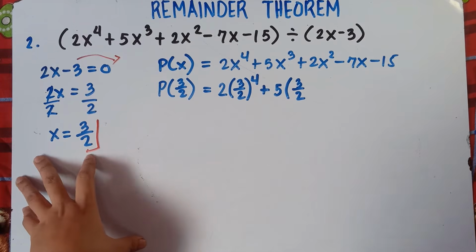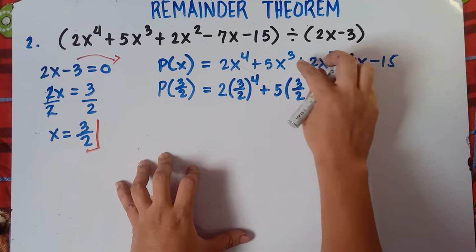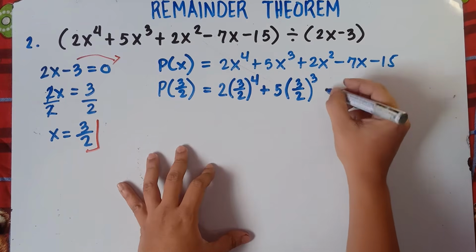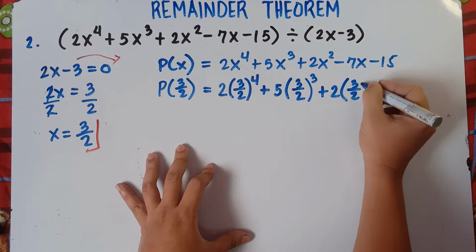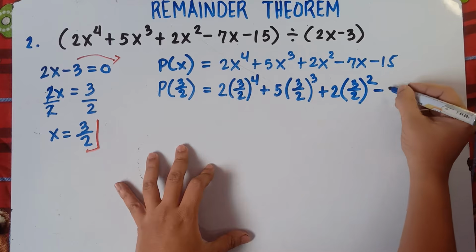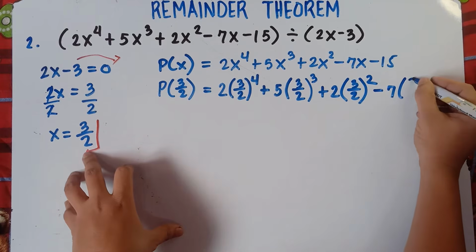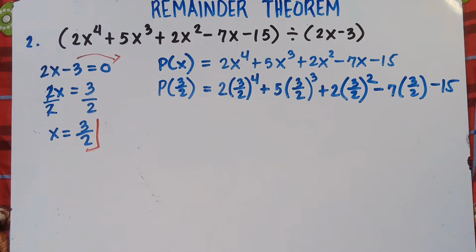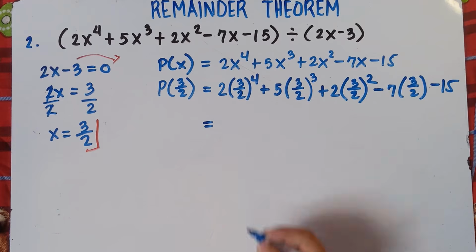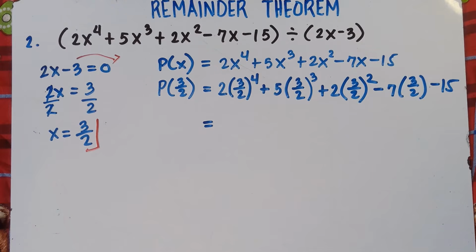So 5 times 3 over 2, then cubed, plus 2, then your x is 3 over 2 squared, minus 7, then your x is 3 over 2, minus 15. I hope you're still with me class. This will be quite complicated for the fraction, but do not be worried. Once again, we will explain this one step by step.